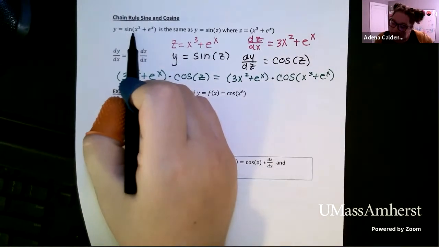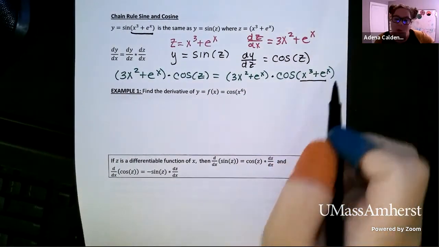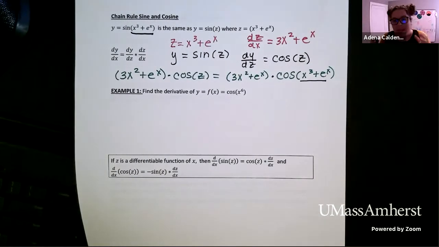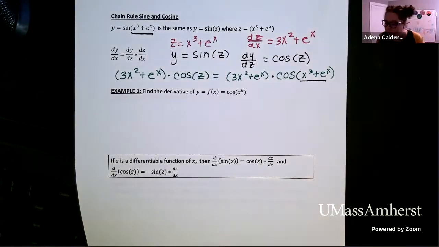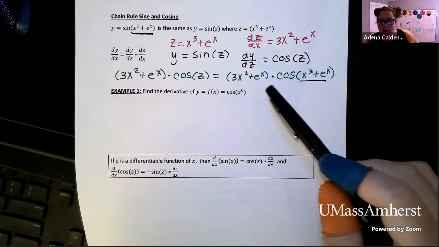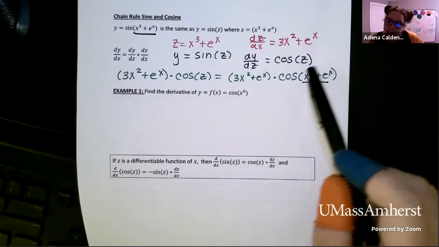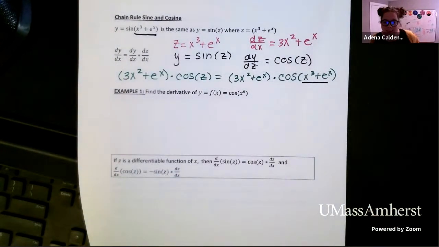Notice what was inside the sine is the same as what's inside the cosine. So what's inside the argument does not change. What changes is the actual outside function, so sine turned into cosine, and then we had to multiply it by something over here. But the inside of the argument stayed the same.